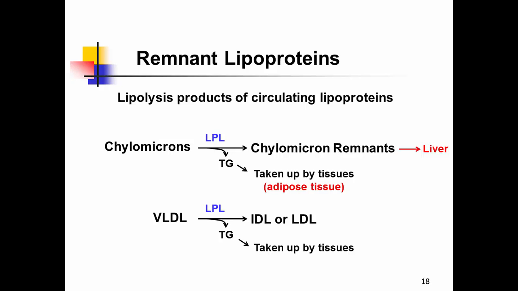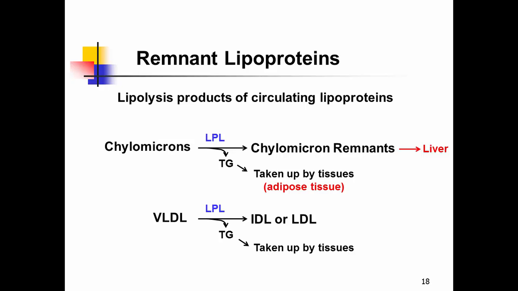So chylomicron is the primary lipoprotein made in the small intestine in enterocytes, which helps transport dietary triglyceride. The enterocytes pack the triglyceride into the chylomicron, which then leaves the small intestine into the circulation and transports the dietary triglyceride to the adipose tissue, right?